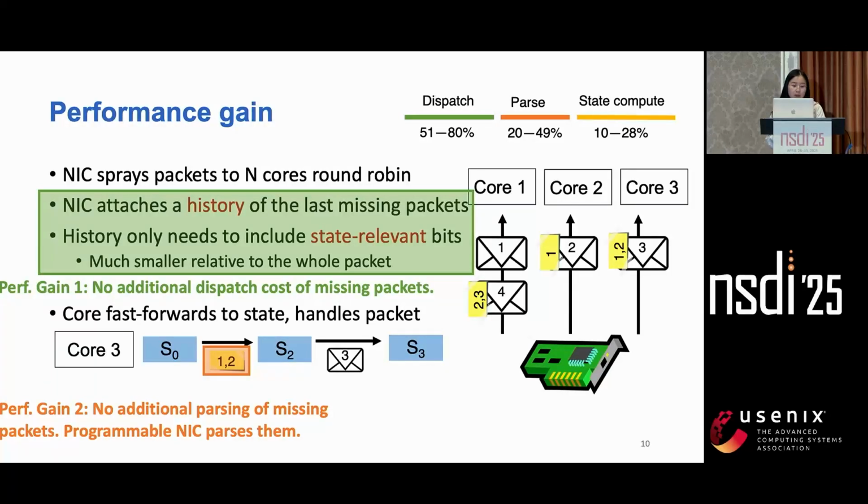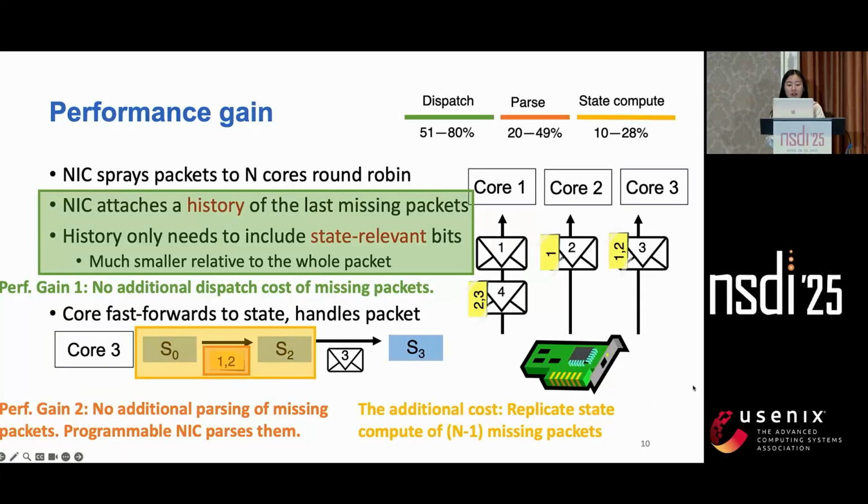We can use the programmable NIC to extract the packet fields that are needed for the state compute. And the only additional cost is to replicate the state compute of missing packets. And in this example, it is 2 missing packets.